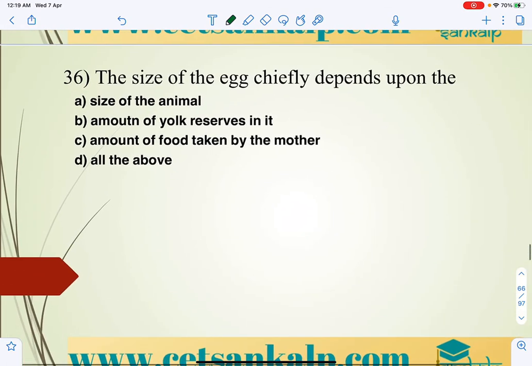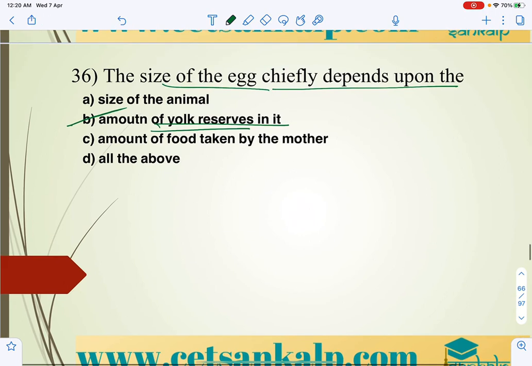The size of the egg chiefly depends upon the total amount of yolk present in the egg. That decides the size of the egg.